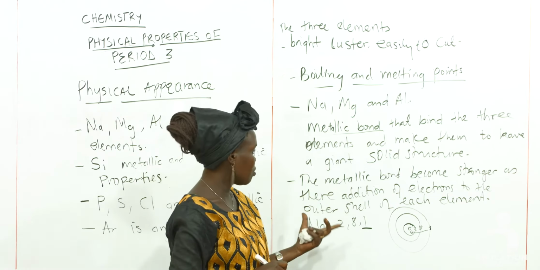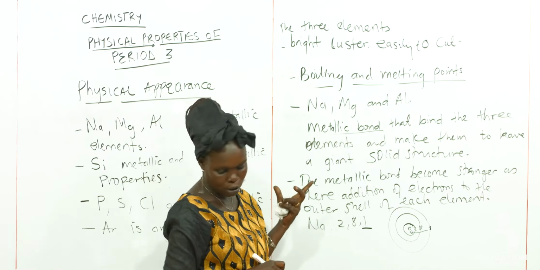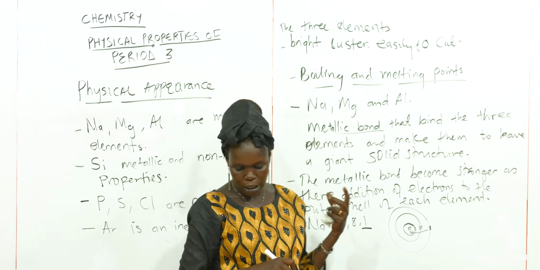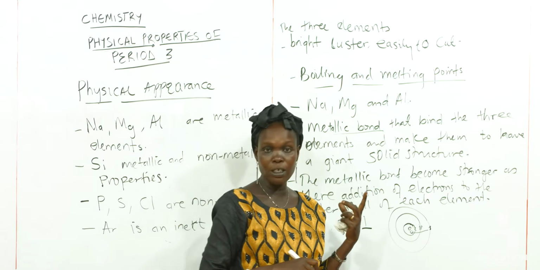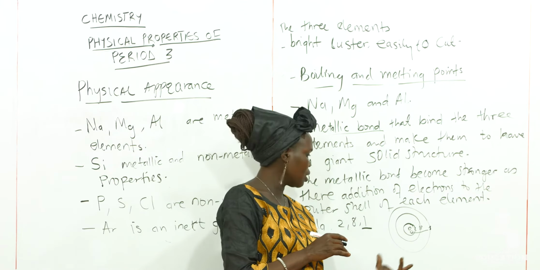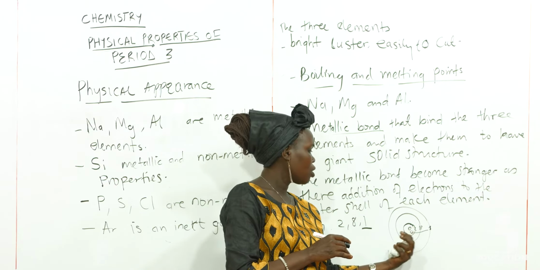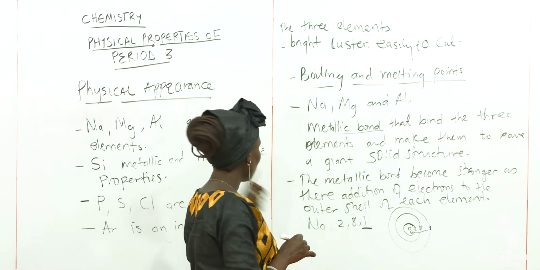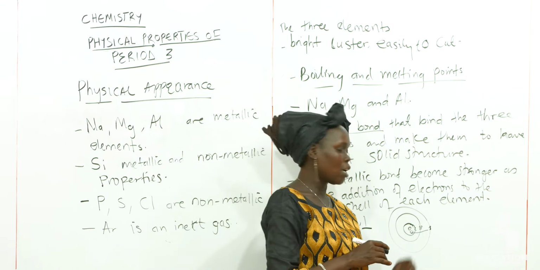So in this case, we shall say that the metallic bonds become stronger as the valence electrons per atom increases. As these electrons increase, we are going to see that aluminium has 3 electrons in the outermost shell.